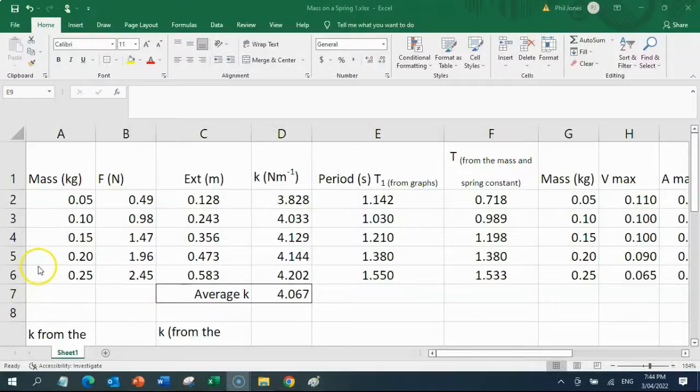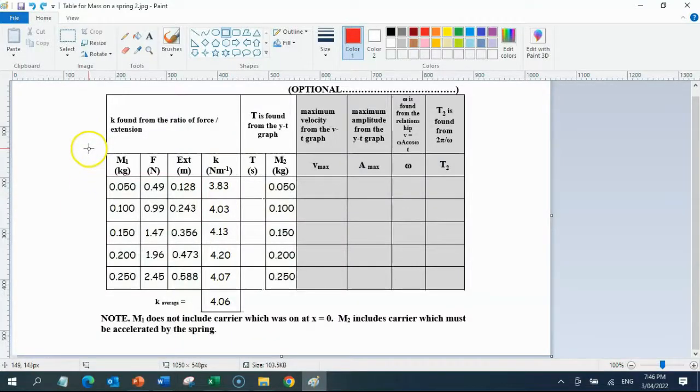Before we look at the results for the 50 gram oscillation, we need to record these numbers here for the mass, the force and the extension. We're not including the 0, 0 value for no mass and no extension. The other thing that we can do and need to do is to record the results for the calculation of the spring constant.